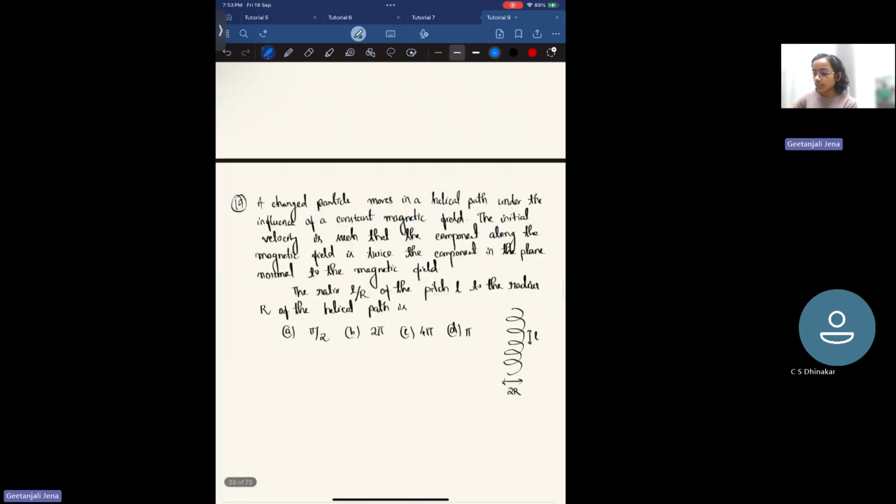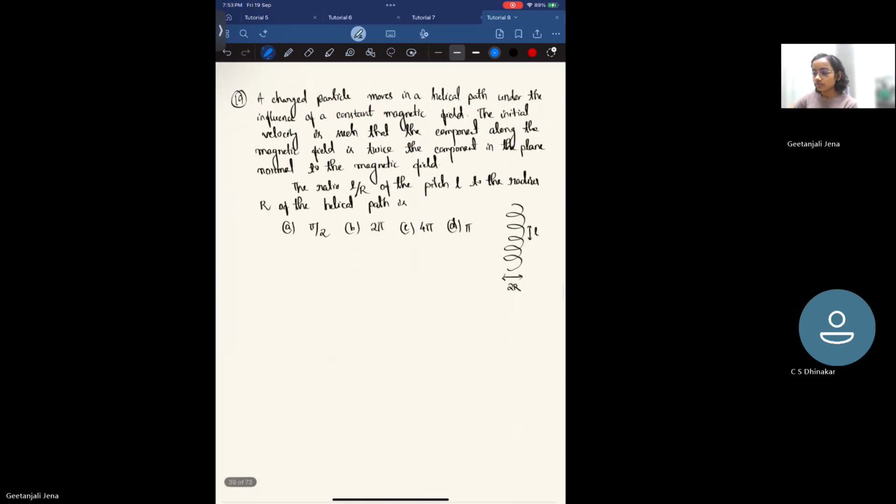Okay, so let me move to our next problem. For the 19th question, there is a charged particle which moves in a helical path under the influence of a constant magnetic field.